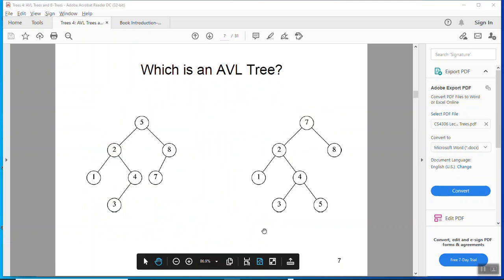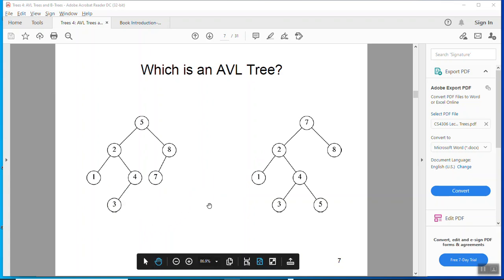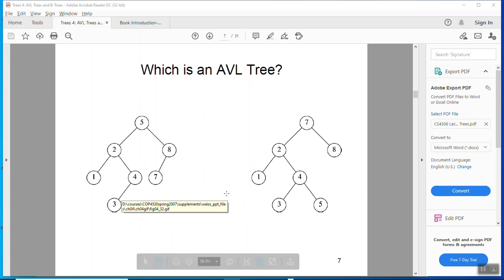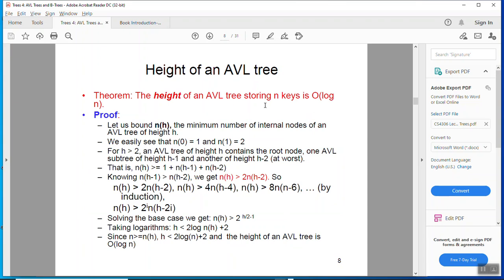We just saw that an AVL tree is a self-balancing tree, and that ensures log n base 2 searching. But developing an AVL tree is a little bit more difficult than building a BST.